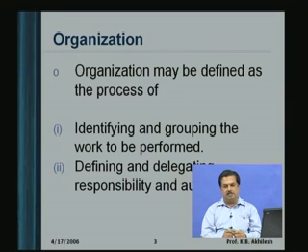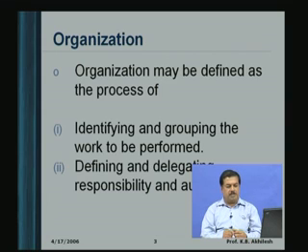One key thing of organizing is identifying the various tasks and activities which can be considered work, and grouping these works in a homogeneous way so that good understanding and coordination are established to achieve the goals.